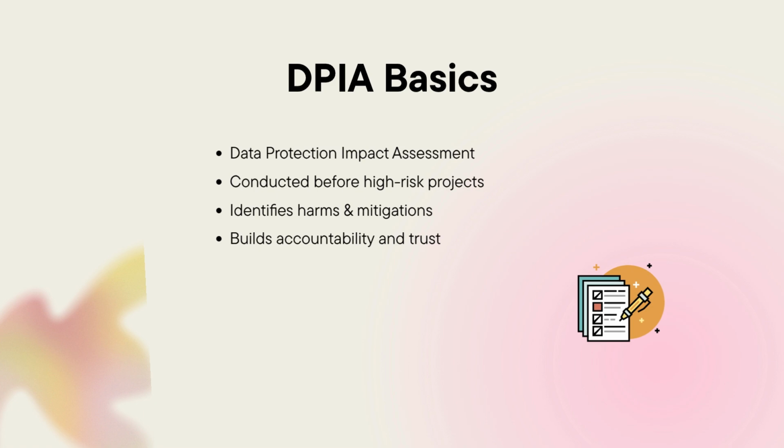Even where they aren't mandated, DPIAs provide a strong framework for accountability. They show that privacy risks were anticipated, documented, and managed. For organizations building AI systems, a DPIA signals responsibility and builds trust with users.